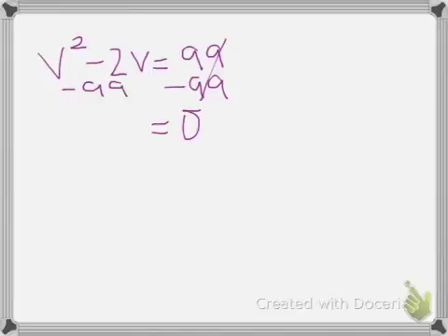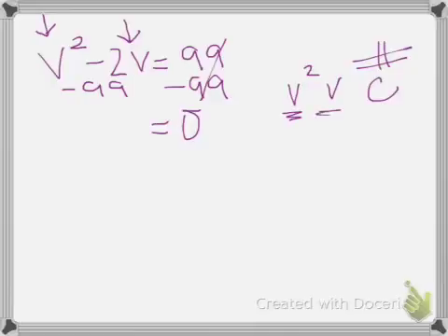It doesn't matter where you put it because it can't be combined with this or with this. When you write it out, you always want to put your squared first, your v, and then your constant. So I'm putting c for constant, but you can put number. So v squared goes first, negative 2v goes second, and negative 99 goes third.